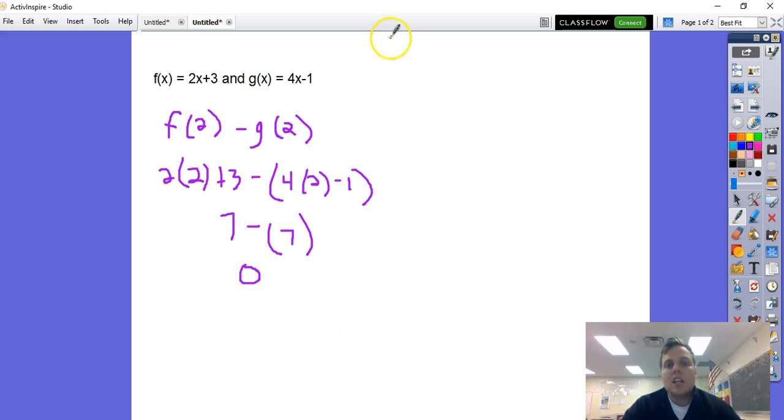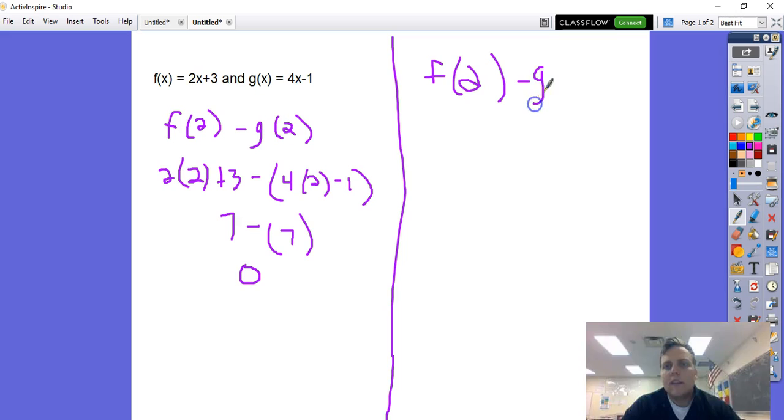Another way we could have done this problem is rather than plugging in 2 first. The problem is still f of 2 minus g of 2, but rather than plugging in the 2 at the very beginning, what we could have done is first put the f of x function minus the g of x function. Okay?